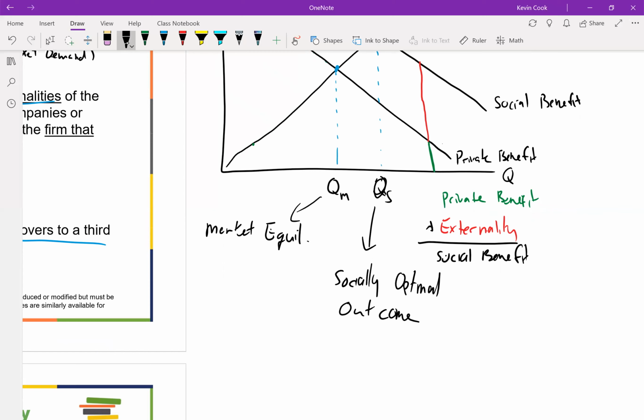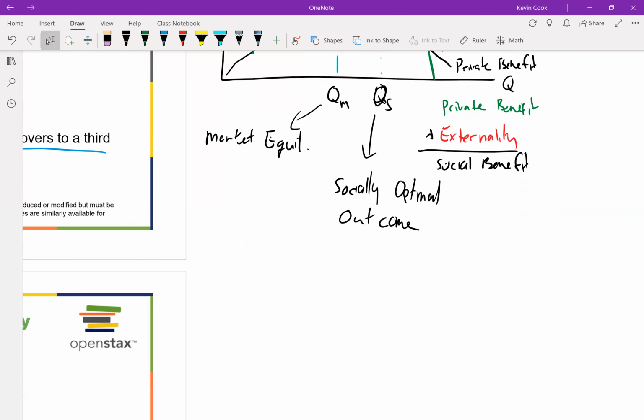That is, as a society, we want to be at QS, and that includes everybody in society. So that includes those who benefit a lot from this, that includes those who benefit a little, and so on. So we have our socially optimal outcome.